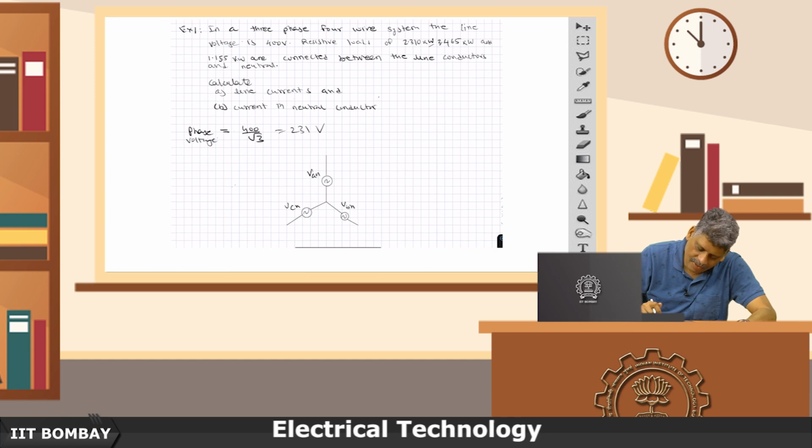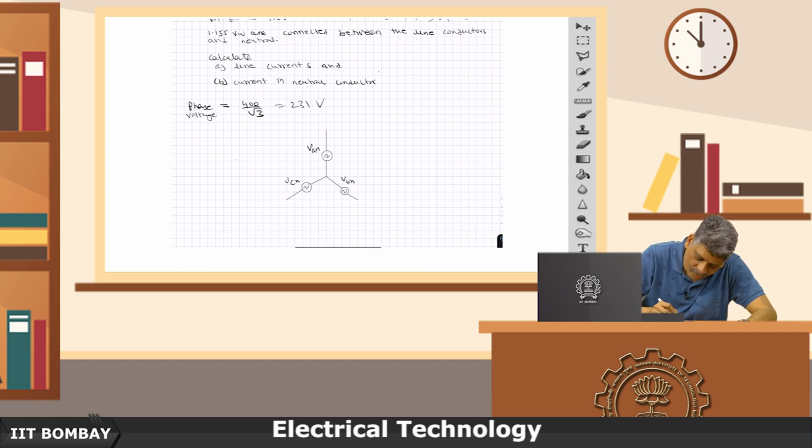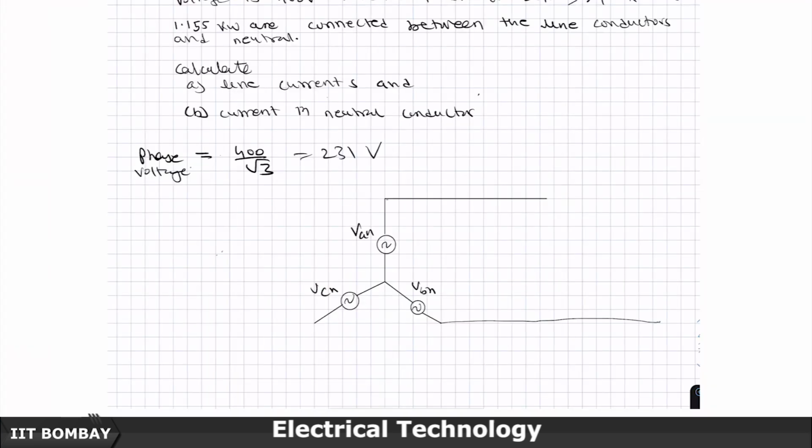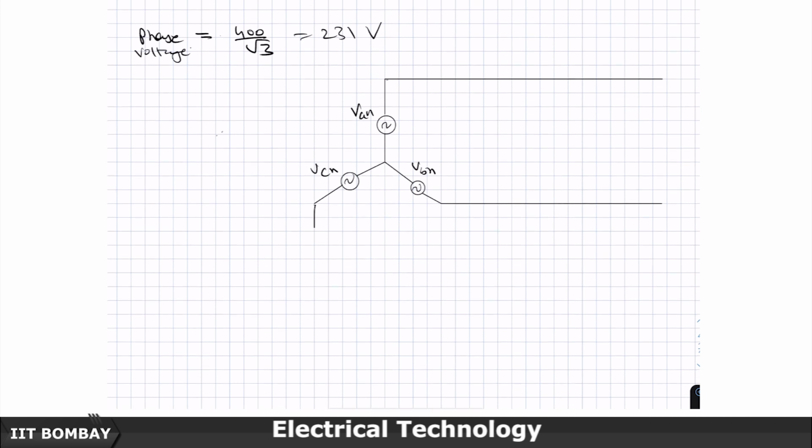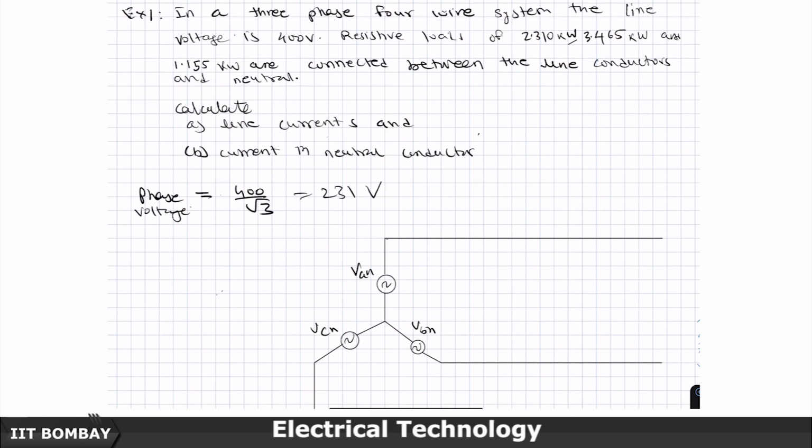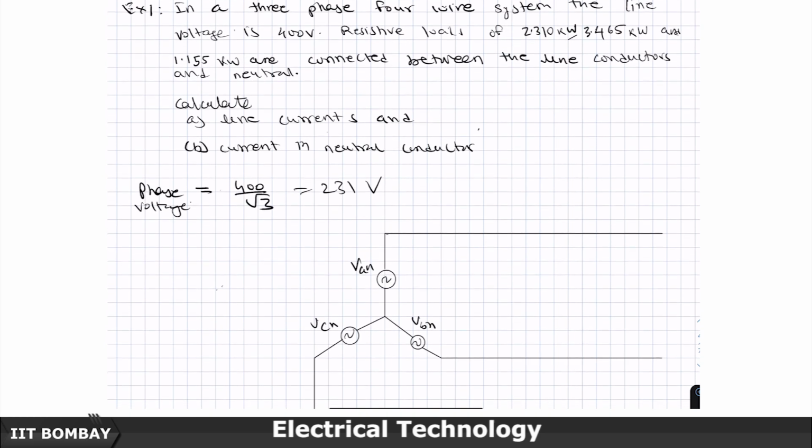Okay. In a 3 phase 4 wire system, the 3 wires which you are getting, these are the supply wires, and there is a 4th wire. What is that 4th wire? Neutral conductor.